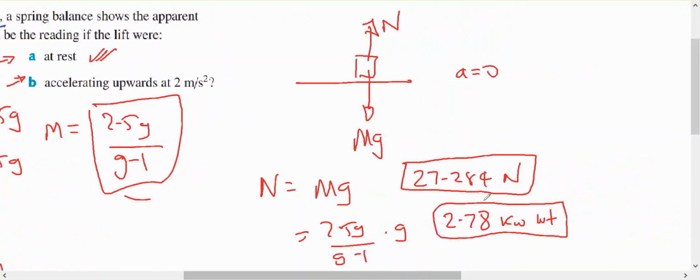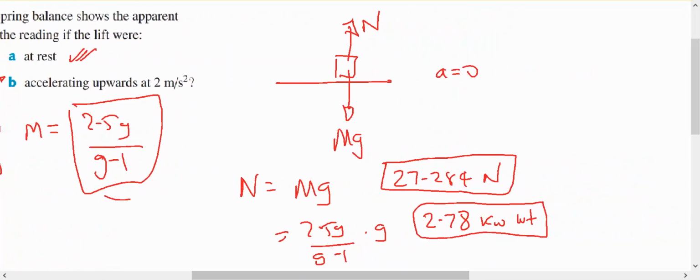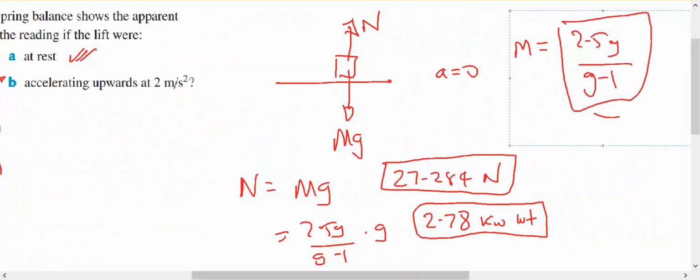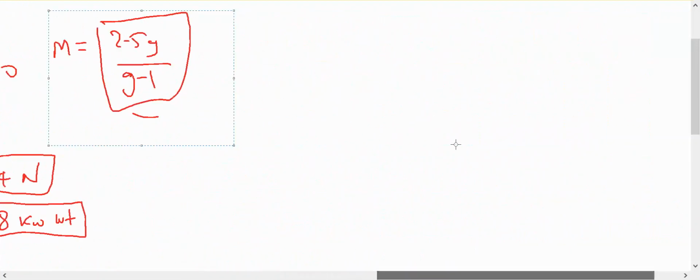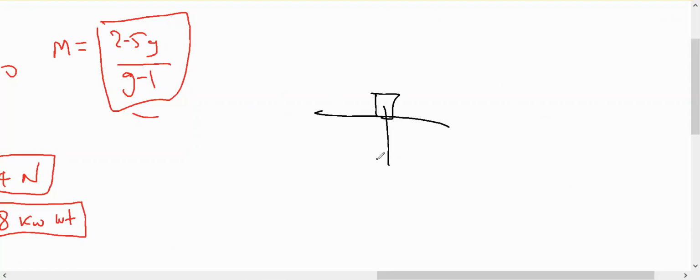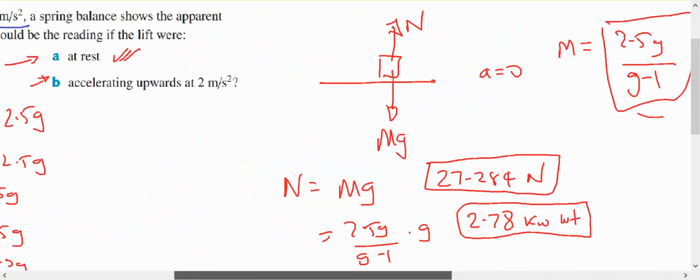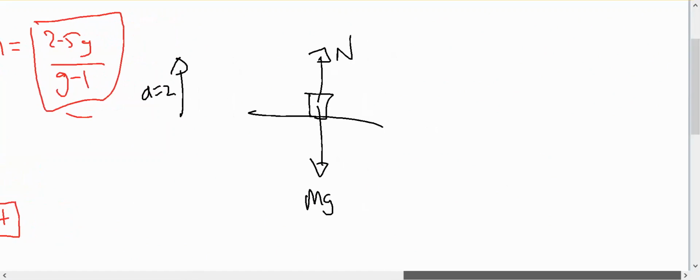If I'm accelerating upwards, so if I get a copy of this, if I'm accelerating upwards, so this is going to be m times g, this is going to be N, but my acceleration is going upwards at, I think, 2 meters per second squared.